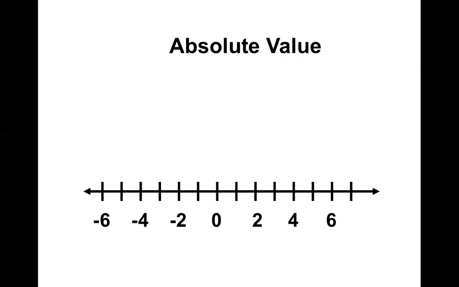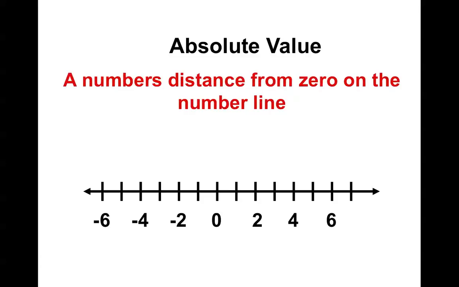The last thing we talked about was absolute value. Absolute value plays into what we've been talking about today. It's a number's distance from 0 on the number line, but absolute value does not care if you went right or left. So if you have the absolute value of 4, what that means is that you are 4 steps away from 0. It does not care that you went to the right, only that you are 4 steps away from 0.